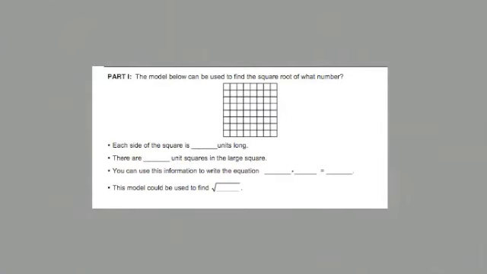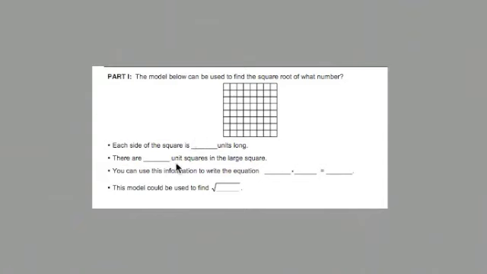So here's an example of how the question can be asked in math. It says the model below can be used to find the square root of what number? So let's read this part. It says each side of the square is blank units long. Well, let's count. 1, 2, 3, 4, 5, 6, 7, 8, and 1, 2, 3, 4, 5, 6, 7, 8. So each side of the square is 8 units long.